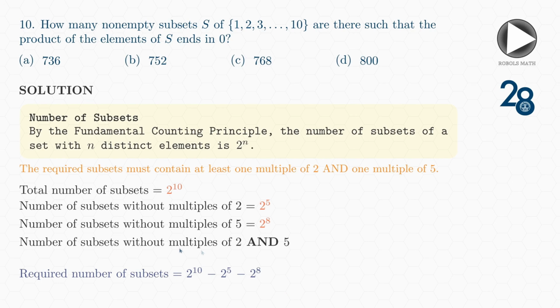So the number of subsets for this last one should be equal to 2 to the fourth. And that's what we add back here. So the number of subsets required is this minus this minus this plus this, which is 752. And that's our final answer.